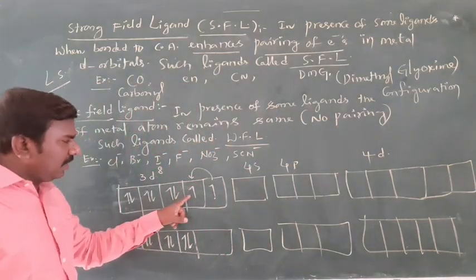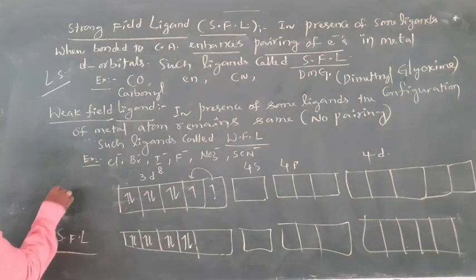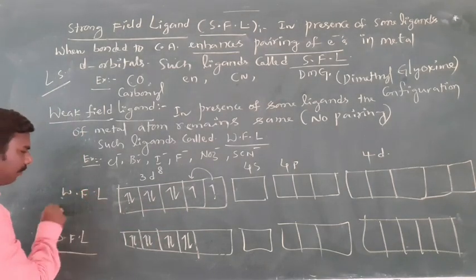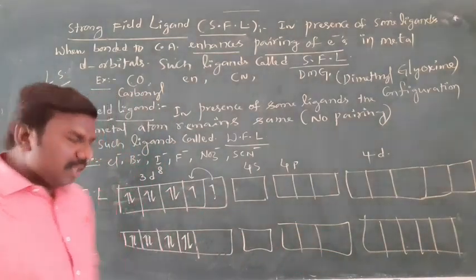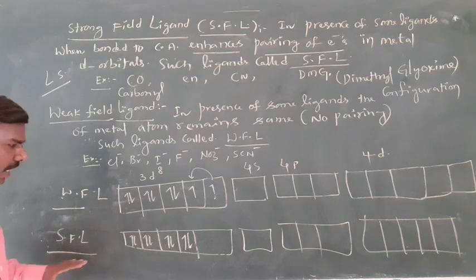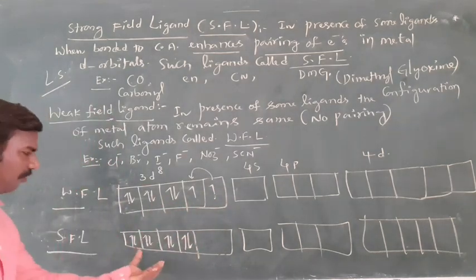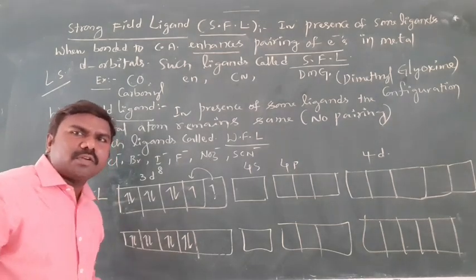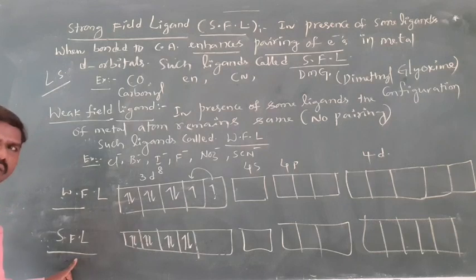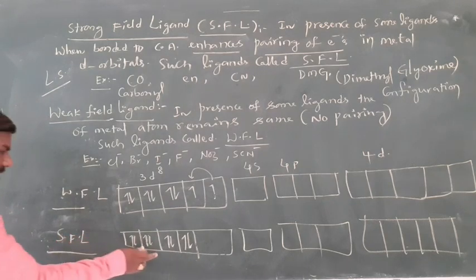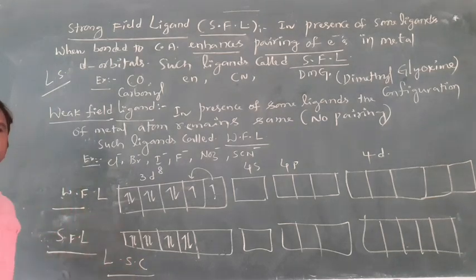No pairing means this must be as it is. In presence of weak field ligand, the configuration is as it is. In presence of strong field ligand, these electrons will be paired. If paired, the spin of electrons will be 0. In presence of a strong field ligand, 0 means low spin complexes will be formed.